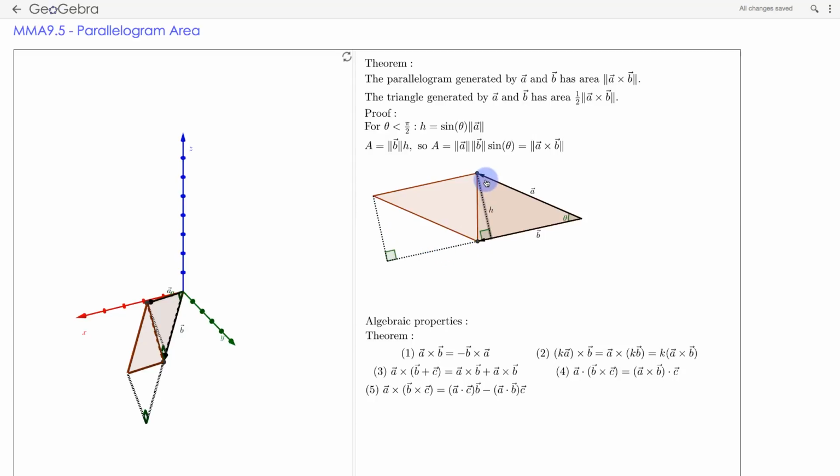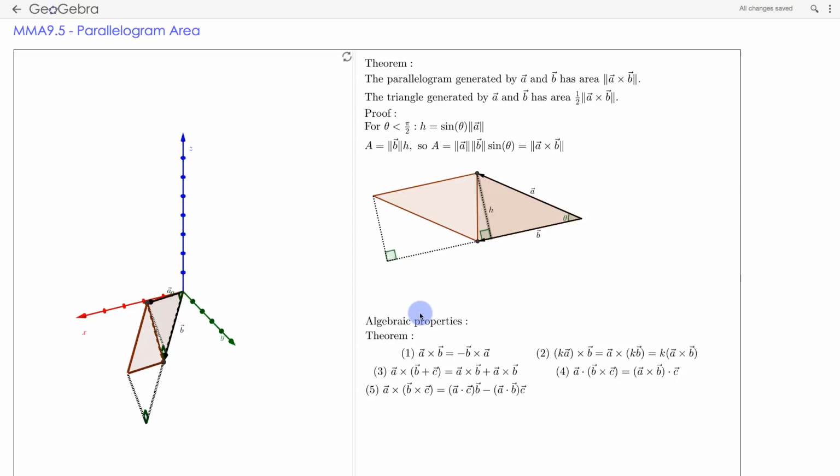So if we just move this bit over here, we get the rectangle. So clearly what is not inside of this rectangle from the parallelogram has area exactly what is missing down here. So the area is the same.